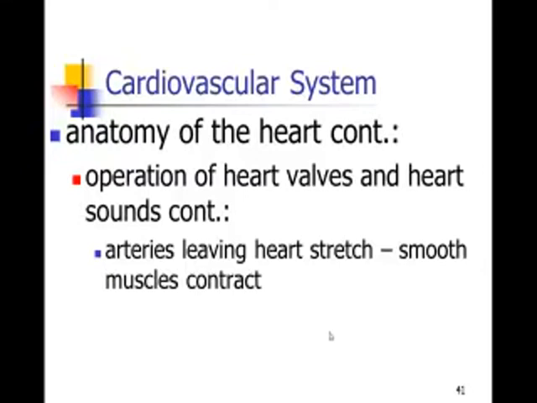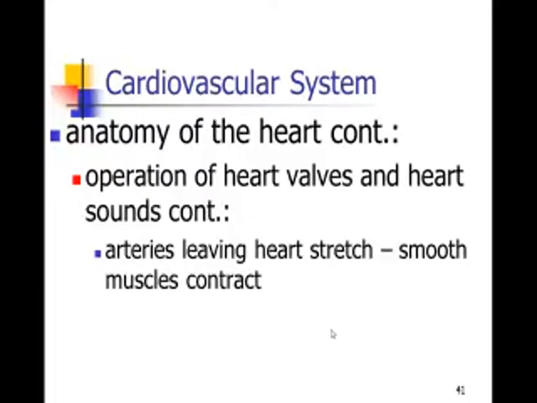When the blood ejects into the arteries, they stretch, and the reason they stretch is because the heart is creating a lot of pressure, much more pressure than the arteries can generate, because the arteries have thinner walls than the heart walls themselves, the ventricular walls. And because the arterial walls are made of smooth muscle, we talked about this just a little bit ago, when they get stretched, they contract against the stretch.